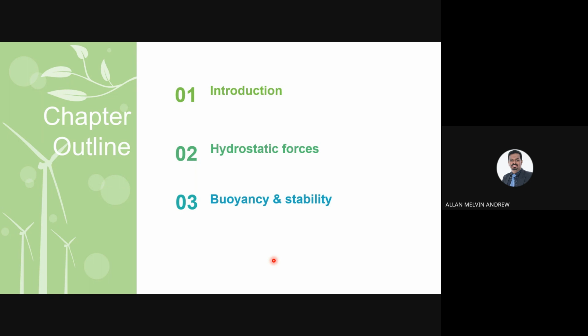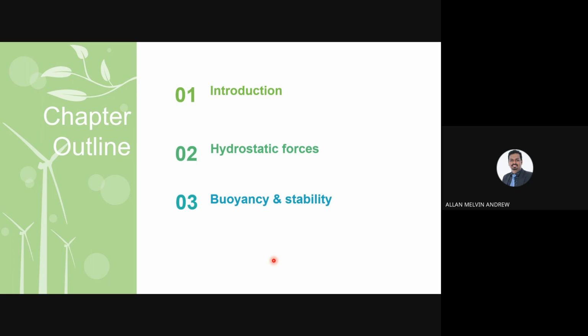Recently we know there was the implosion case of a submarine, the Titan submarine, which went underwater to do some studies. It imploded because of lack of knowledge and lack of scientific calculations related to the pressure.